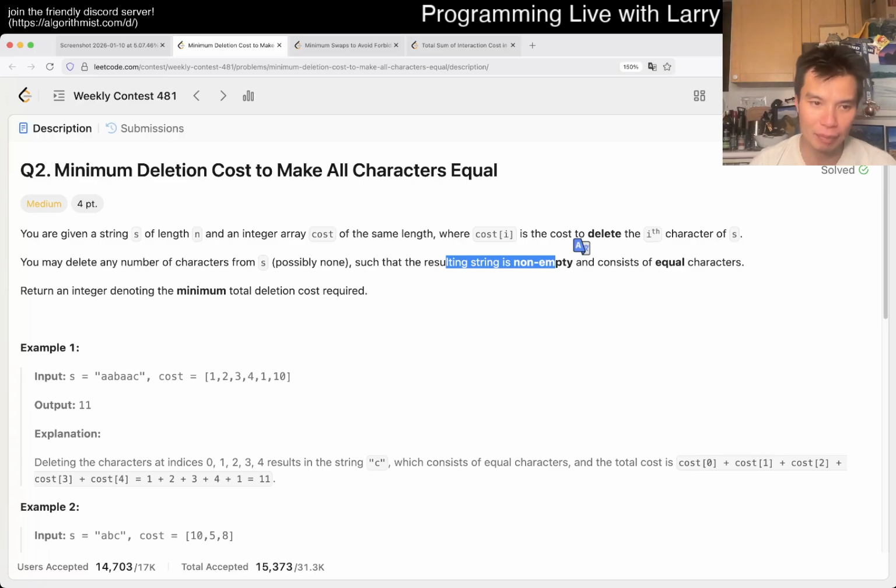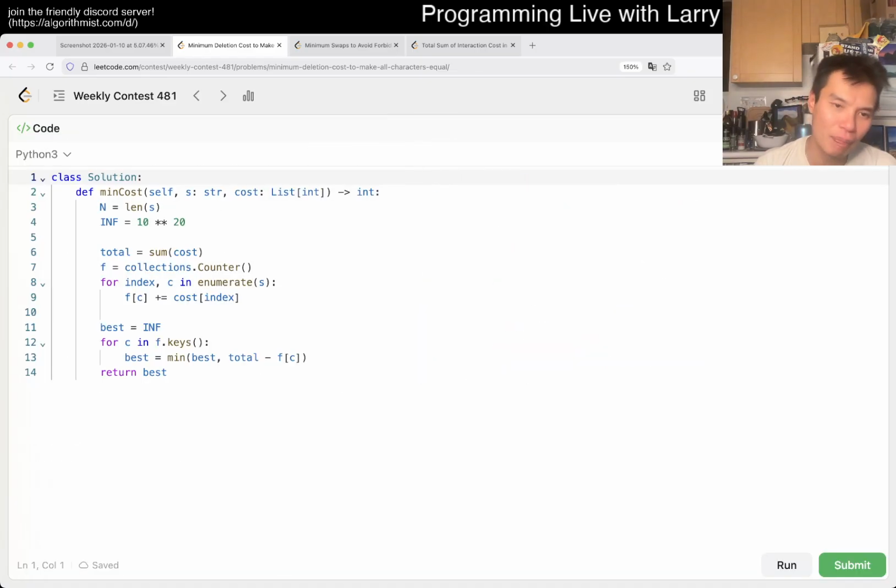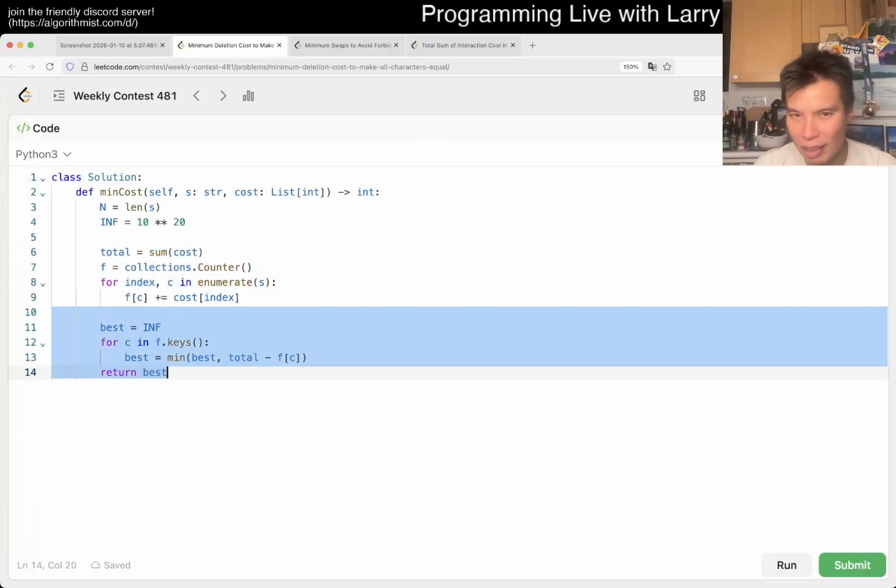So meaning that if it costs 1241 to delete A, keeping them means that you just subtract them from the cost. And from that observation, you could do it in basically one pass-ish. It's not quite one pass, but it is one pass through the string, and then you have an O of alpha, 26 characters at most, pass on the cost.